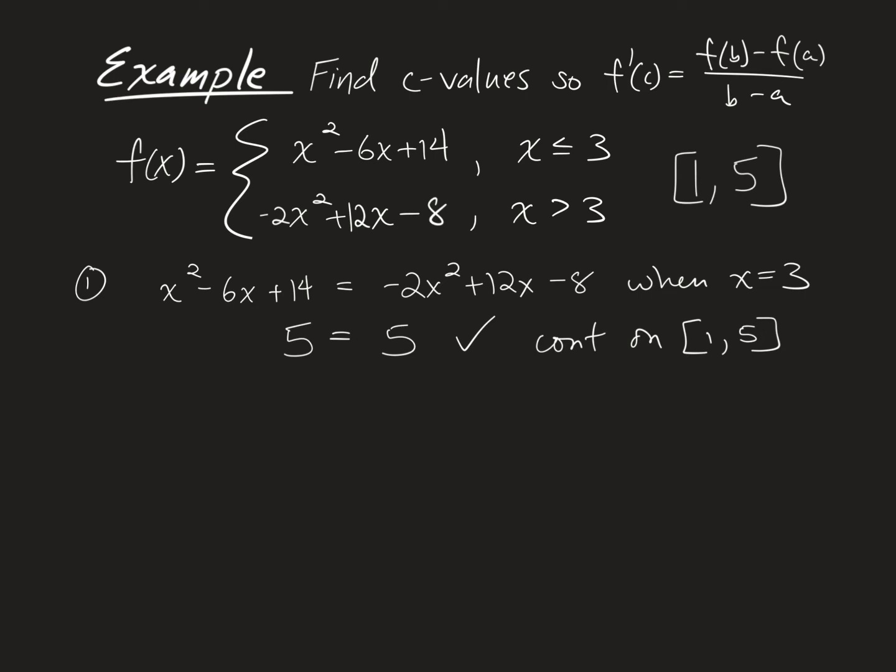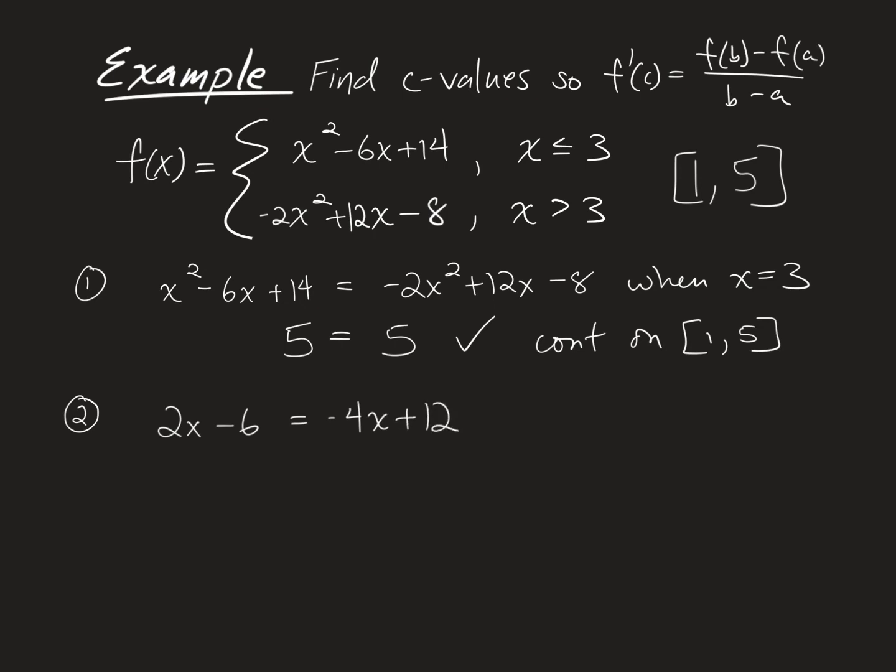But we also have to check for differentiability at x equals 3, because again, that is where the break is. So let's check that second condition. The derivative of the top function is 2x minus 6, and the derivative of the bottom function is negative 4x plus 12.